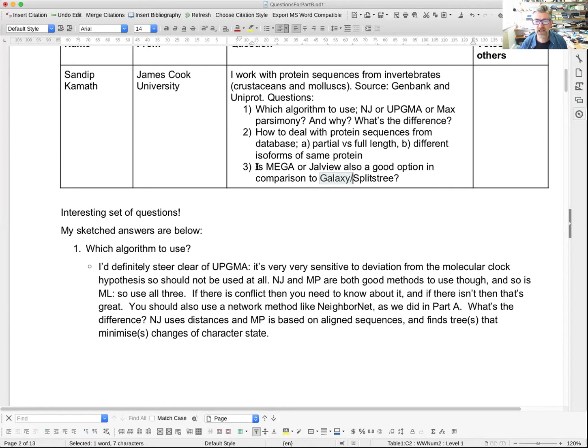So I don't really have a clear answer on that one, Mega versus GelView, or GelView versus the others. But as I said, my favorites to go to are SplitsTree and IQTree.